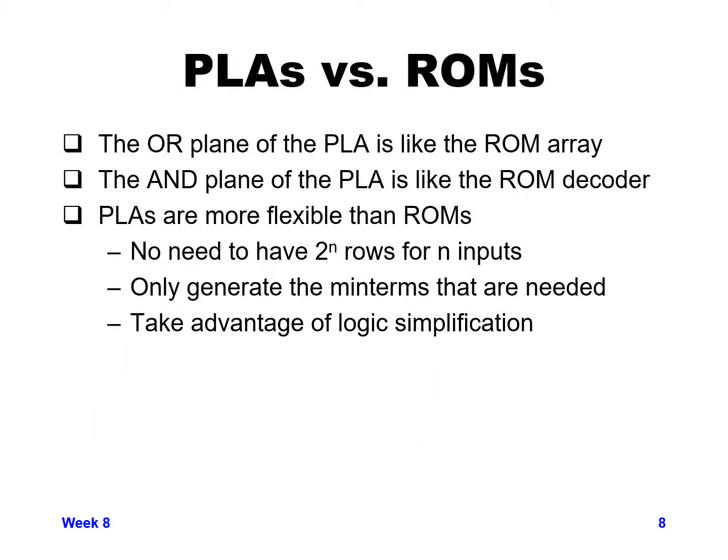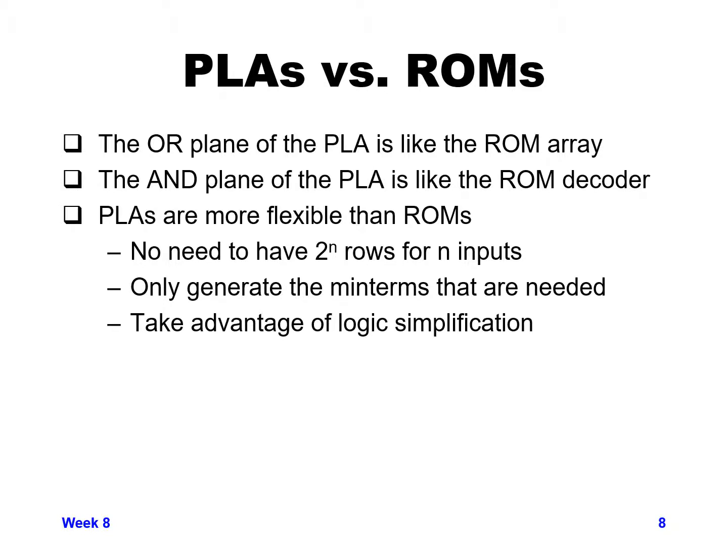So just one final note here, comparing PLAs versus ROMs a little bit. For a PLA, the OR plane is very much like the ROM array, and the AND plane of the PLA is kind of like the ROM decoder. But in general, PLAs are a little bit more flexible than ROMs.